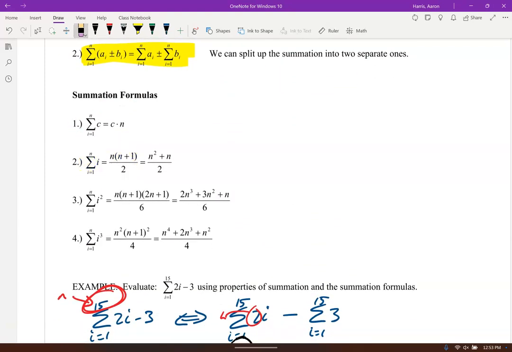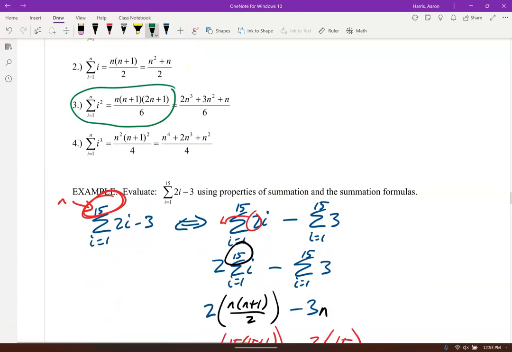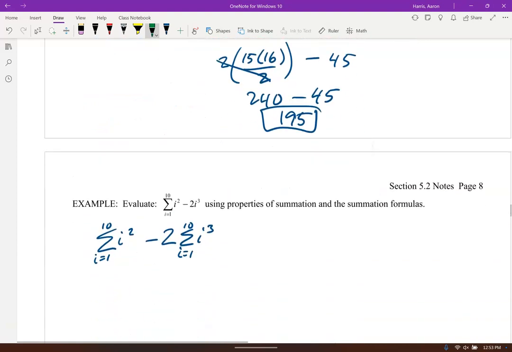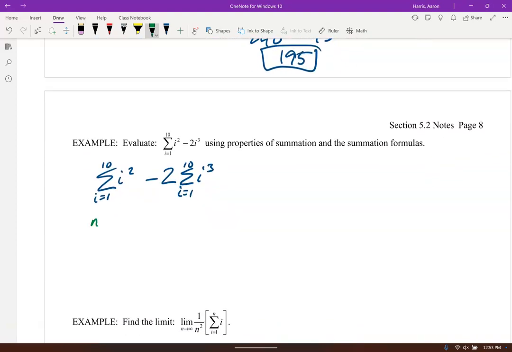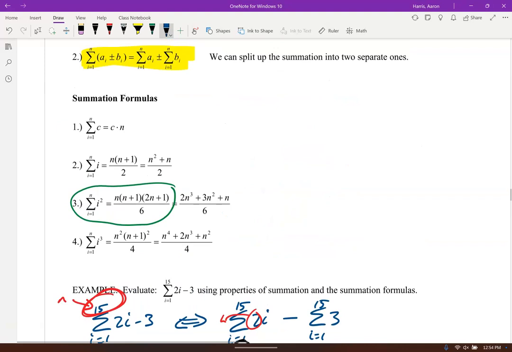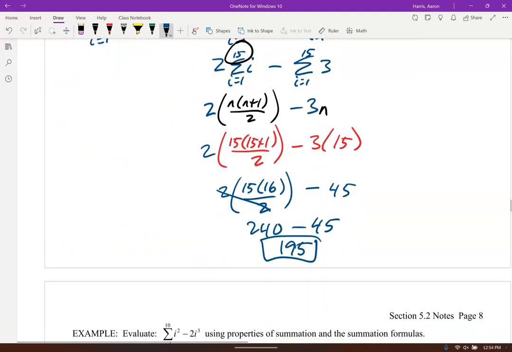So I've got n times n plus 1 times 2n plus 1, all over 6. And then minus 2, and then I go up and get my i cubed formula: n squared times n plus 1 squared all over 4.